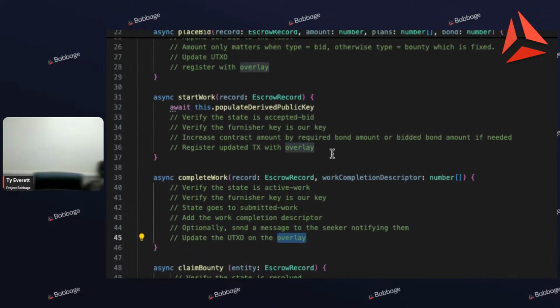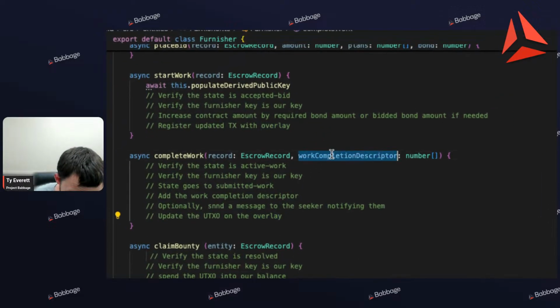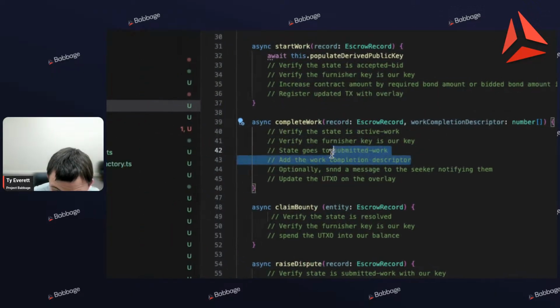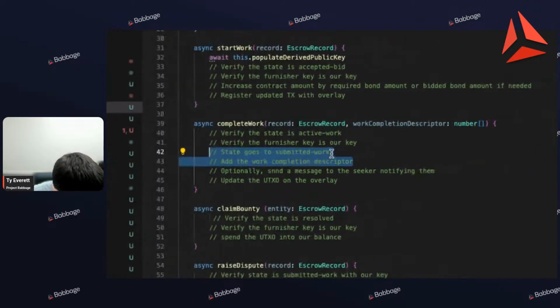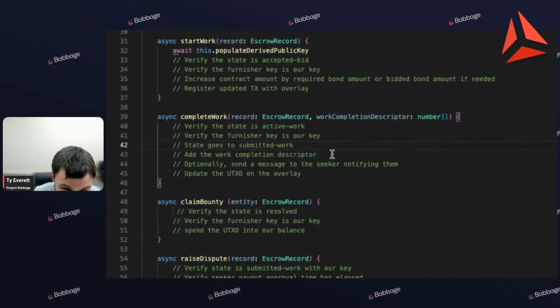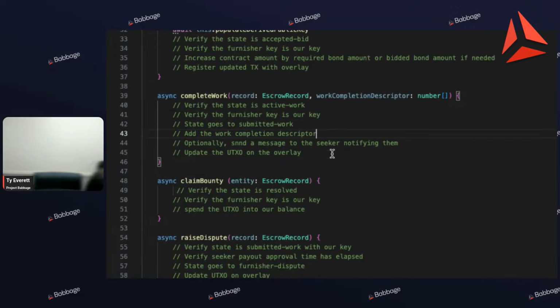So after I am finished, I provide proof in the form of a completion descriptor of my work that I have done. And then it goes back on the overlay so that the seeker of the services that I have just finished providing can now pay me for what I've done.